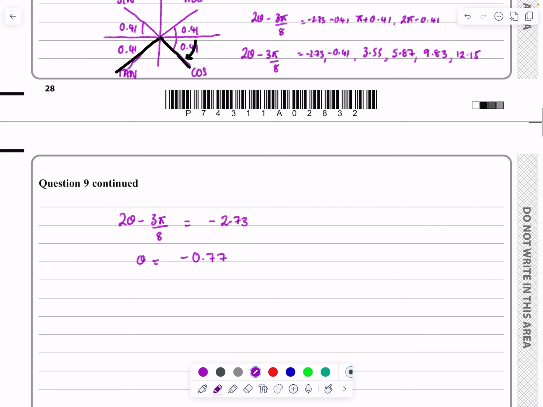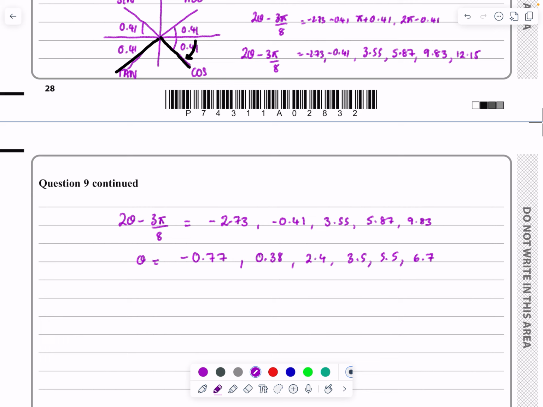However, if I now do it to the minus 0.41, and you do the same thing, add 3 pi over 8 and divide by 2, that does work out to be a value within my range. That's 0.38, which is one of the ones I wanted. So if we then do the same with all of these, with the 3.55, with the 5.87, with the 9.83, and with all of those, if I do the same rearrangement, I get 2.4, I get 3.5, I get 5.5, I get 6.7 if I keep going.